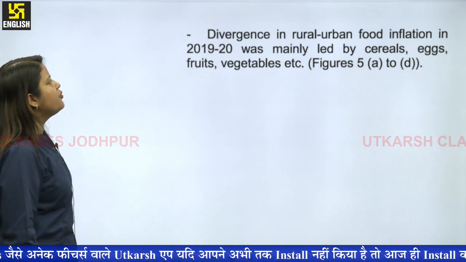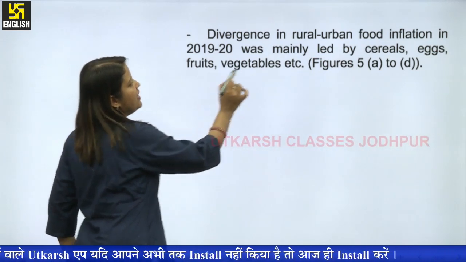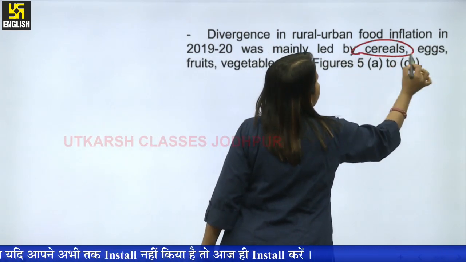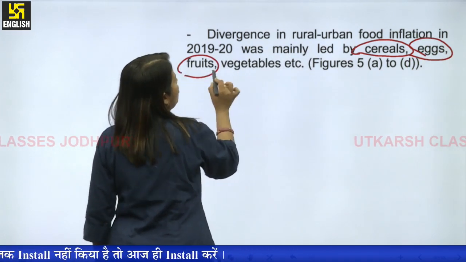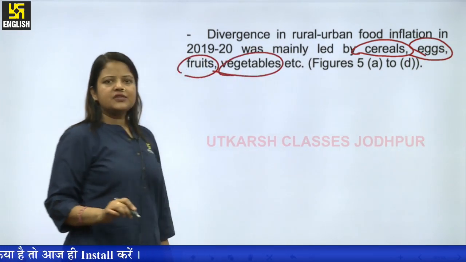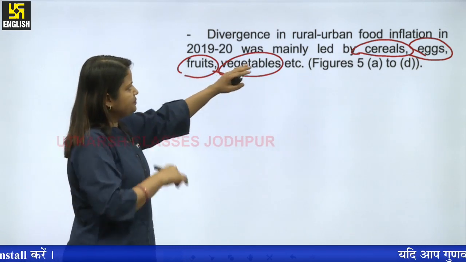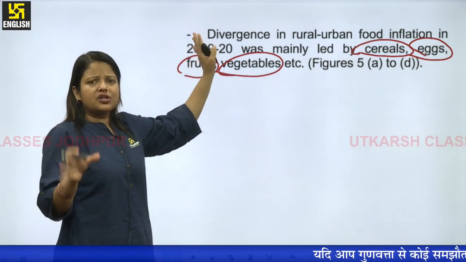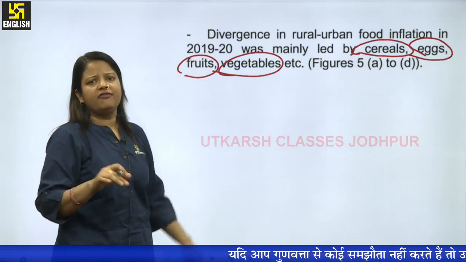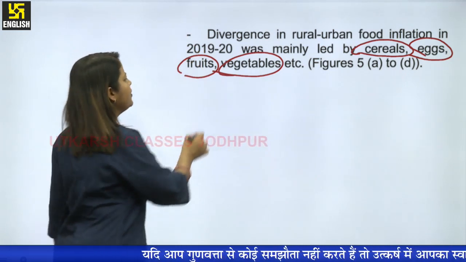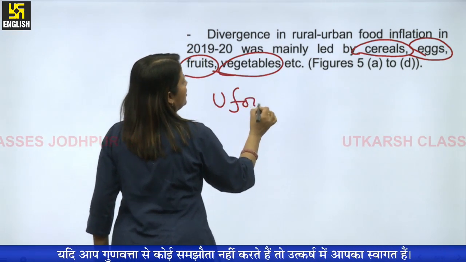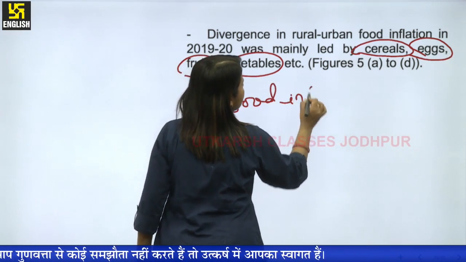Divergence in rural urban food inflation was mainly led by cereals, eggs, fruits, vegetables. These were the main items. There was divergence in rural urban food inflation. The urban food inflation was always higher.